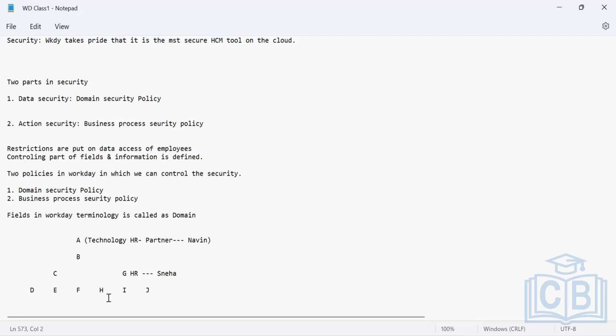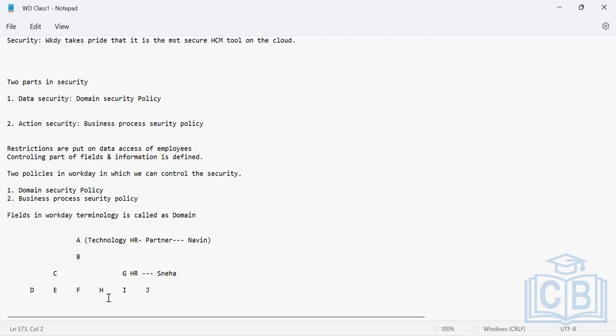And when you have different things clubbed together in a security group, then whoever is a member of that security group, they will have the same permissions. Okay, does that make sense?